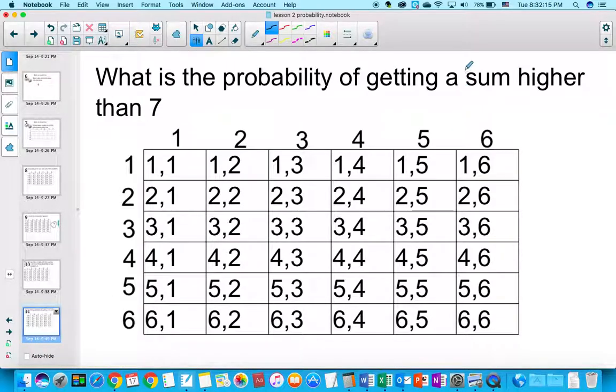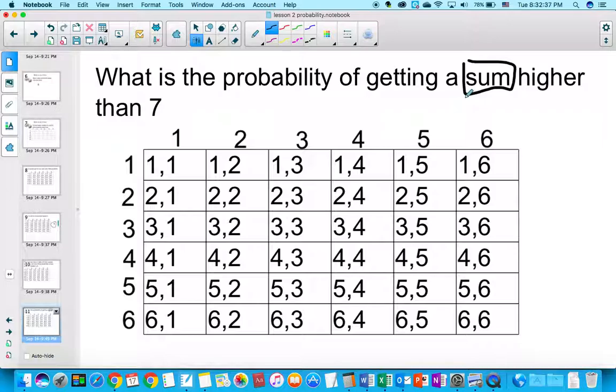Now, hopefully you know this word, a sum, higher than 7. If you don't know what sum means, you need to review grade 7 vocabulary, because sum, or a sum, means an addition, adding. So if I'm saying what is the sum of this, I'm asking for the answer of the operation of addition.